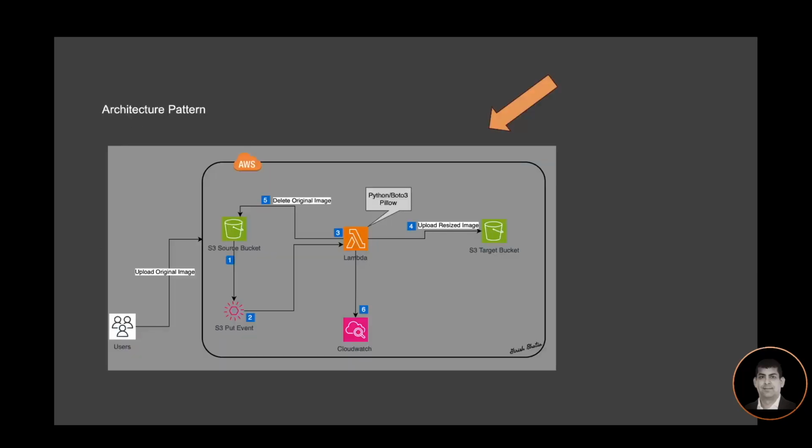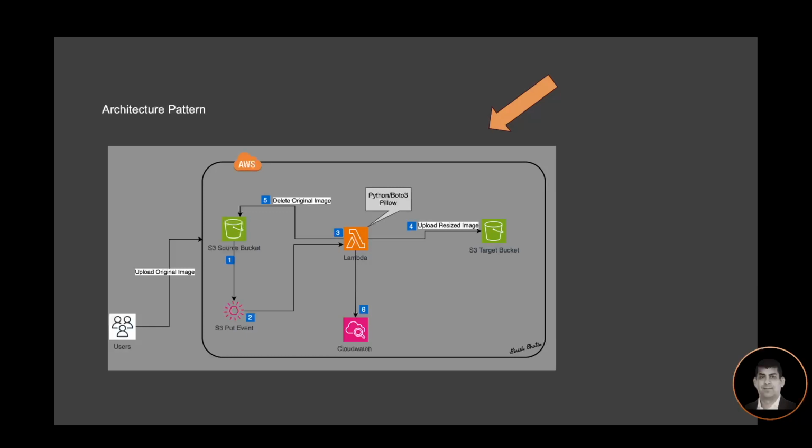Let's look at our architecture design. As you can see in this diagram, we have a source bucket and a target bucket created in S3. The user will upload the original image to the source bucket, which will trigger an event.